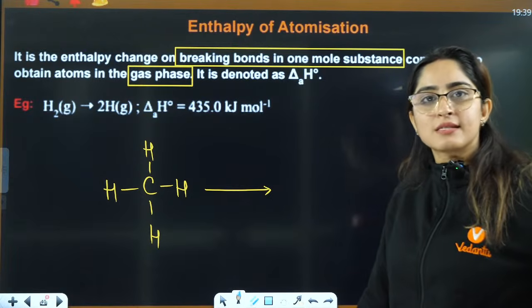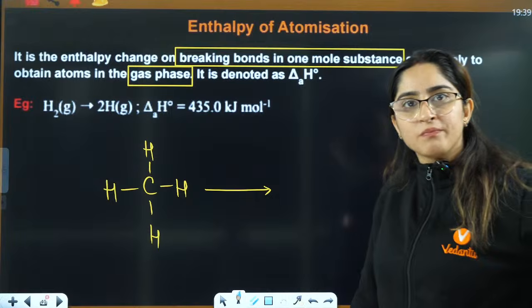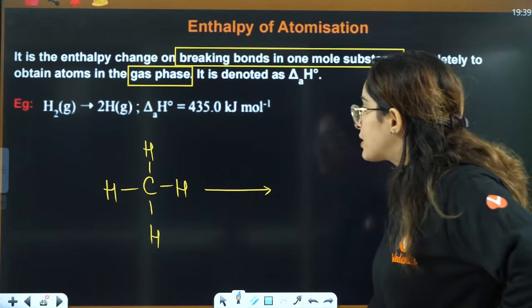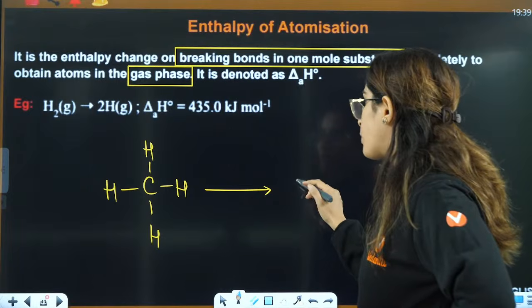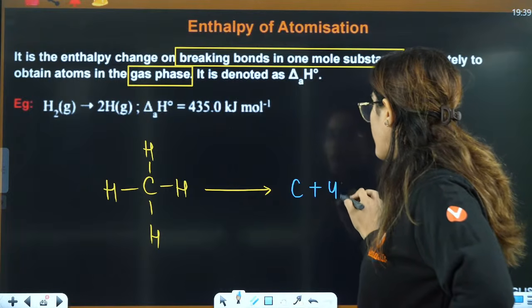So this is equal to 4 times the enthalpy to break these 4 bonds and convert it into 1 C and 4 H atoms.